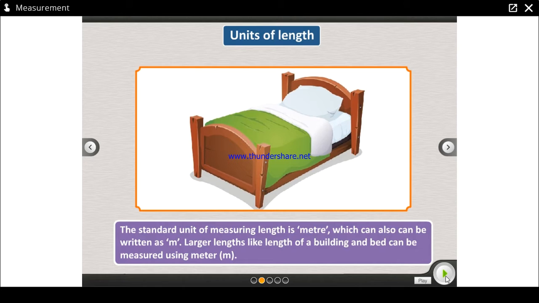The larger length of a building and a bed can be measured using meter. That means m.